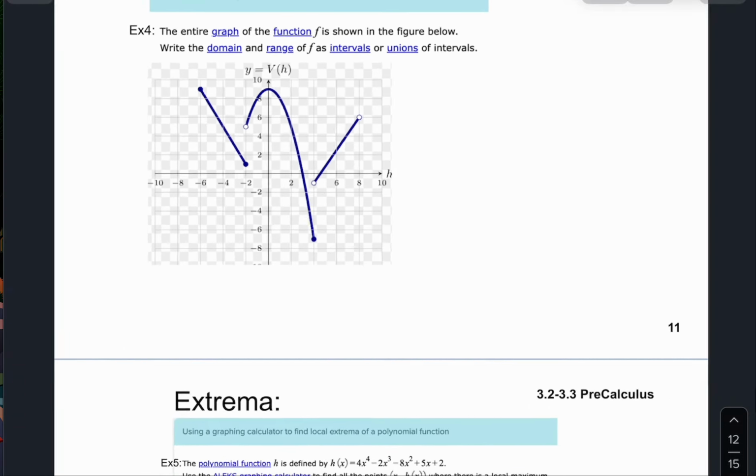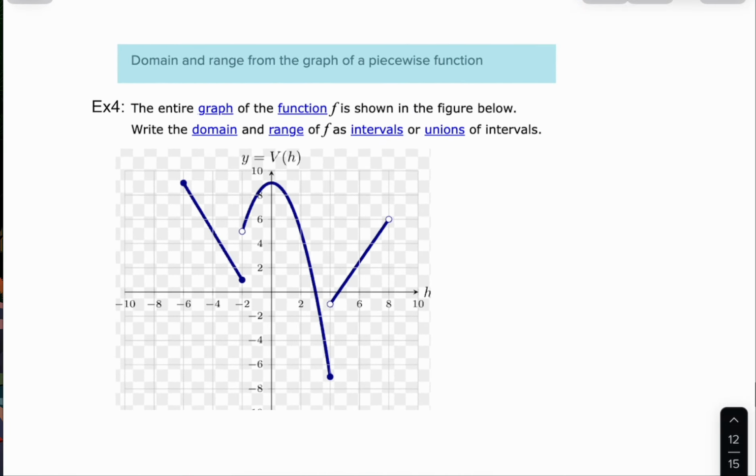Let's talk about domain and range of a weird function. So remember, the domain are the x's from left to right, range are the y's from bottom to top. And it says to write them as intervals and or unions of intervals. So our x values start at -6, and we use that x value.